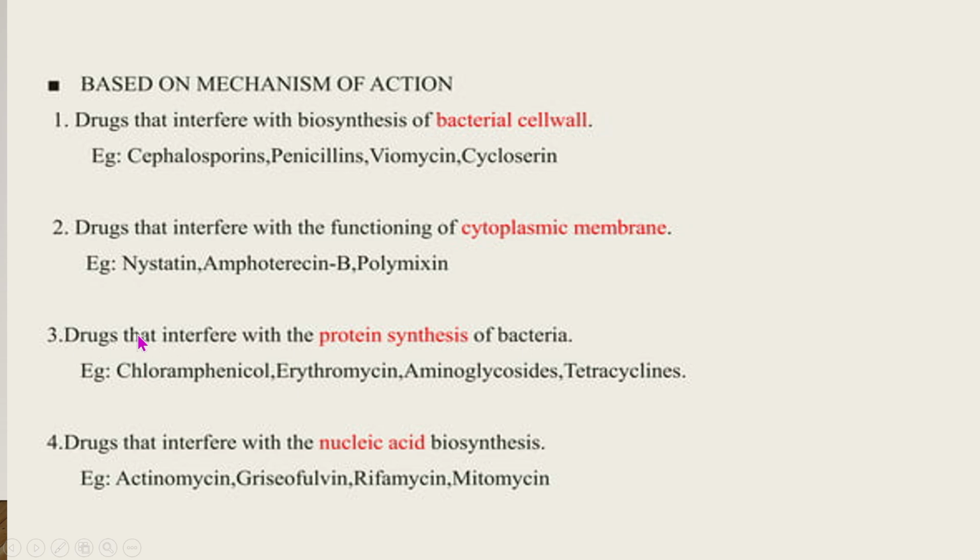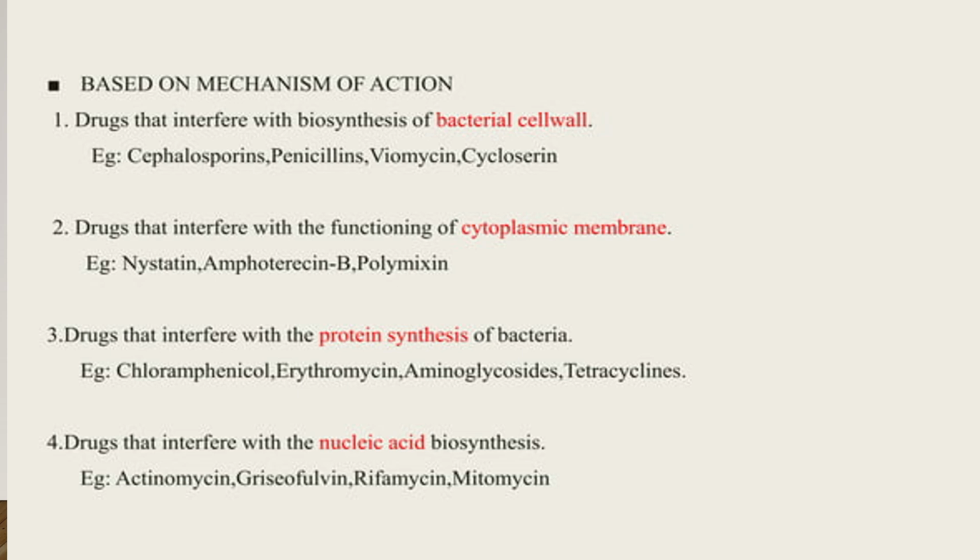They are nystatin, amphotericin and polymyxin B. Next are drugs that interfere with protein synthesis. Now we all know proteins are synthesized as energy storage compounds of those bacteria, and some categories of antibiotics will stop or inhibit the procedure of protein synthesis.